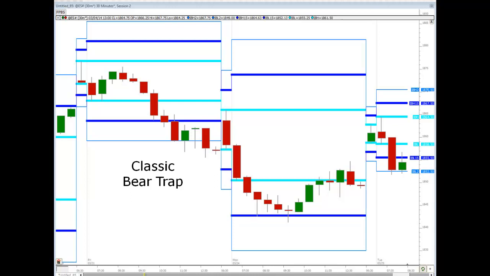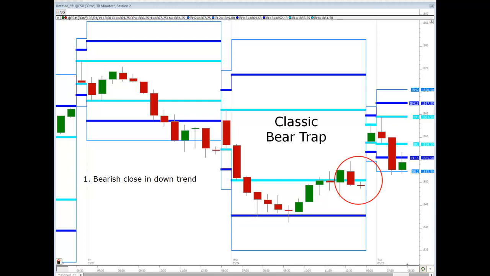I'm going to share this with you to make you aware of it, because it does happen frequently. These classic bear traps take place often in the market, and they squeeze a lot of people, especially smaller and inexperienced traders. So let's take a behind-the-scenes look, if you will.